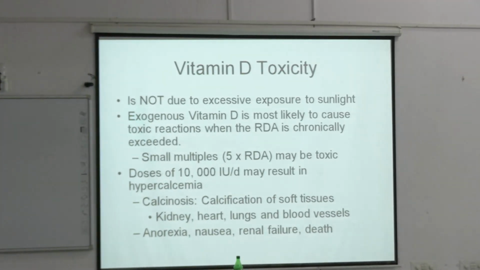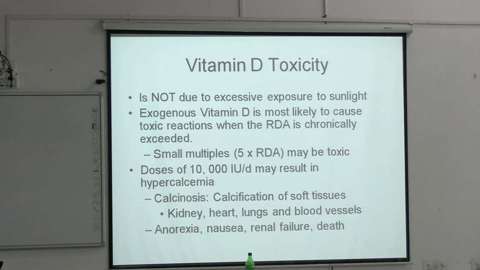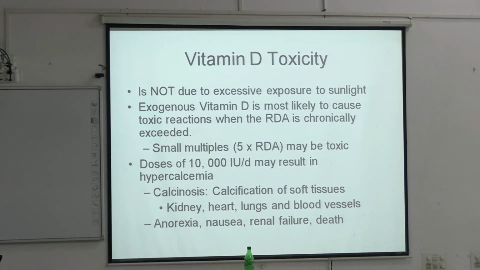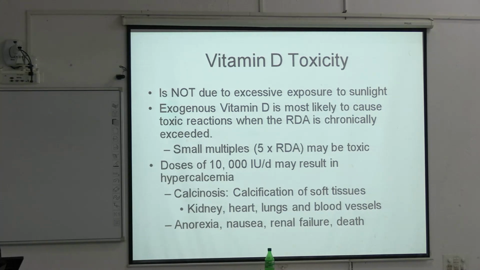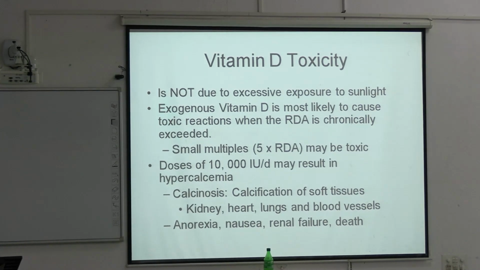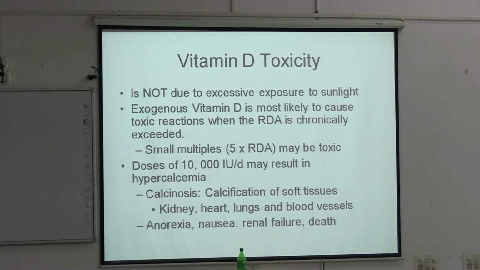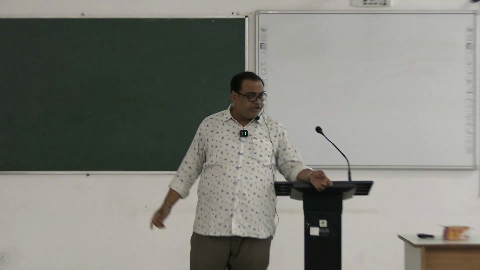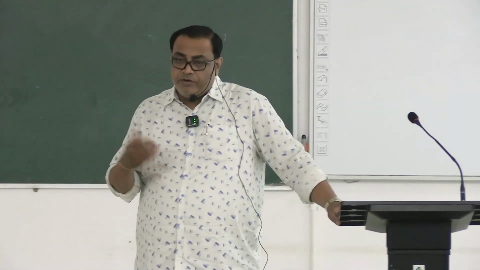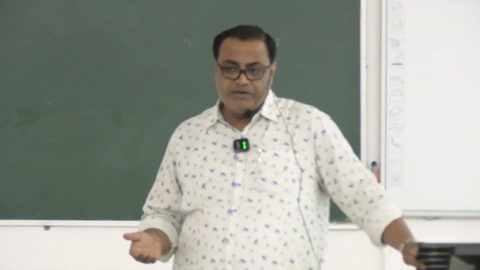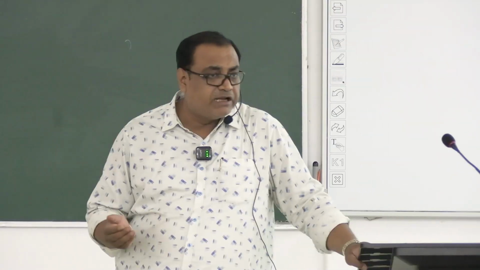What is the normal range of serum calcium level? 9 to 11 milligram per deciliter. If it goes below say 7, then dangerous. If it goes above 14 or 15, it is also dangerous. You might die. Such a narrow range. But we find 23, 24 milligram per deciliter of calcium in some patients, and the patient is still alive.